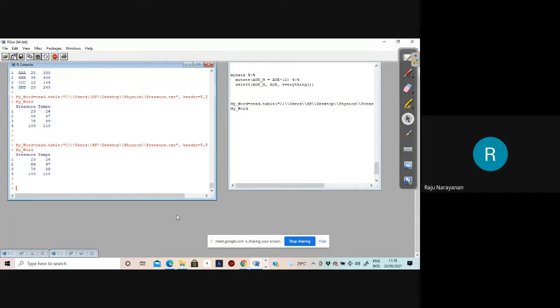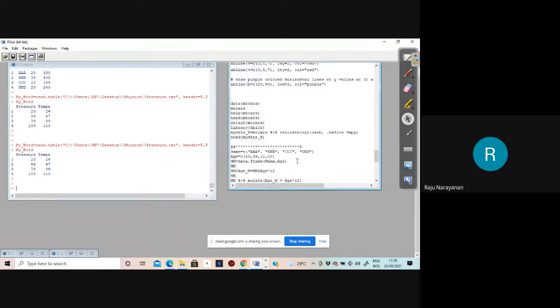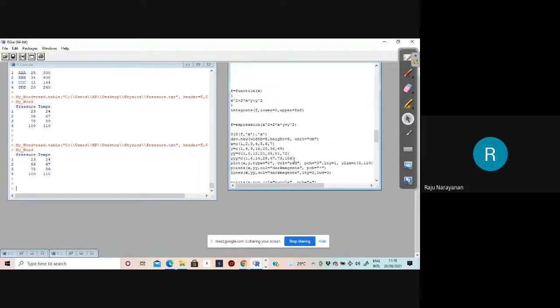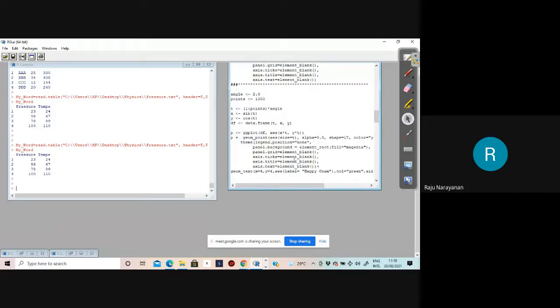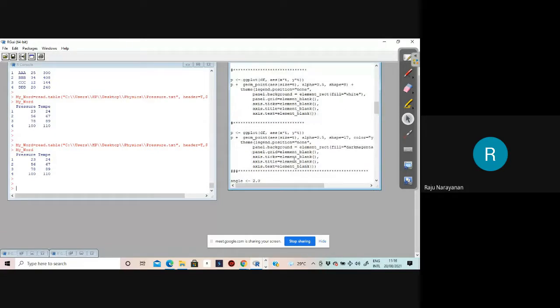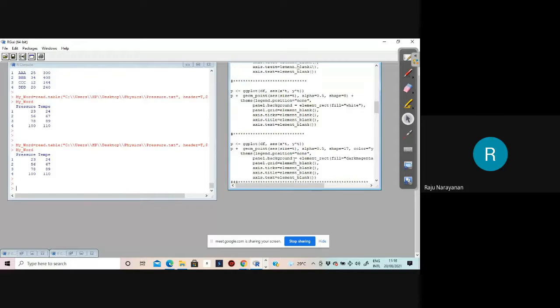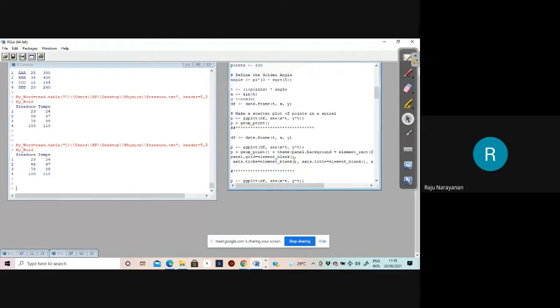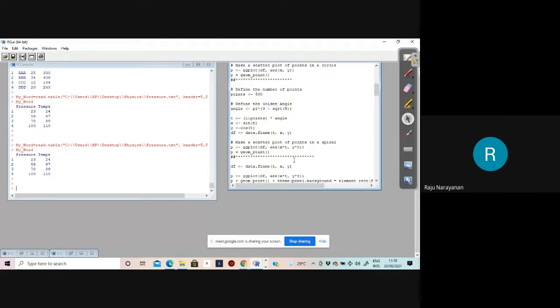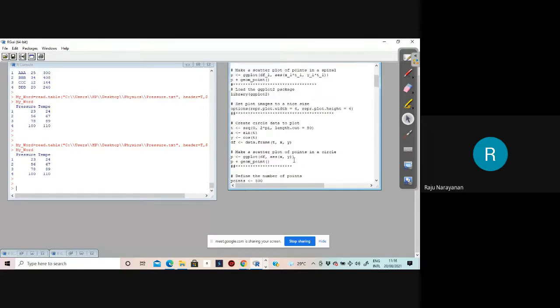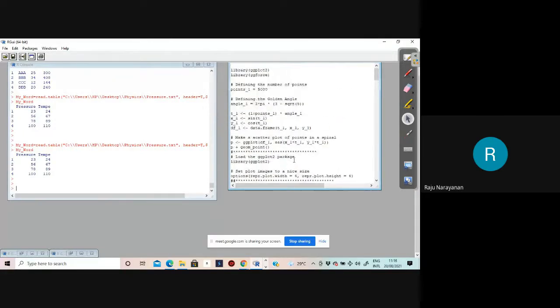Okay. Now, something more I will show you today because it is already 11:16. I promised you that we will discuss ggplot. Today I will give you a flavor of that.